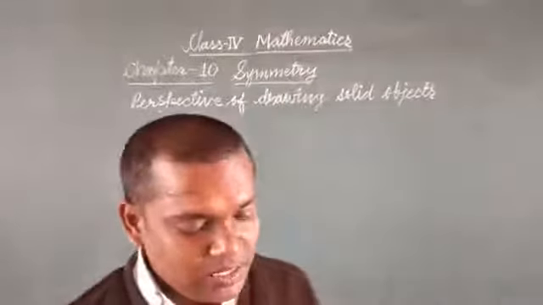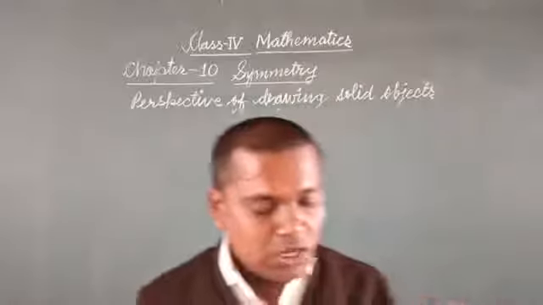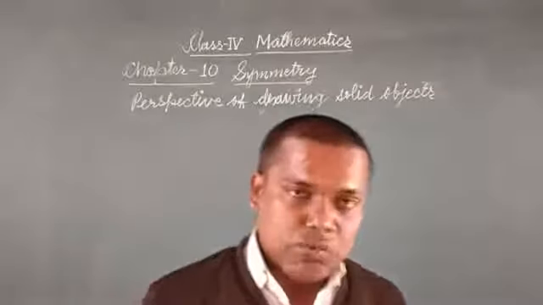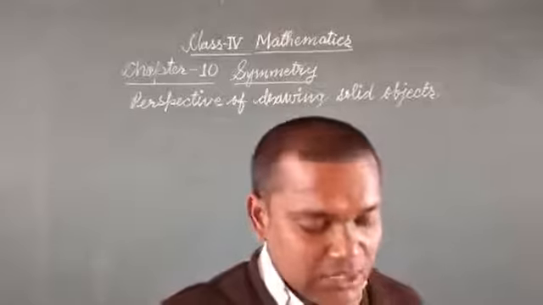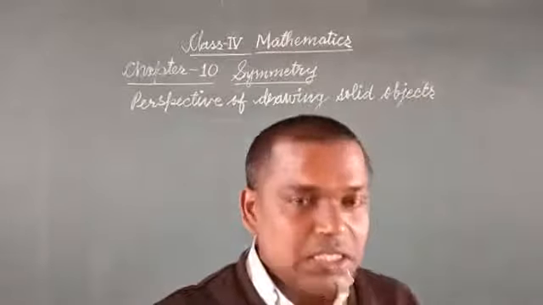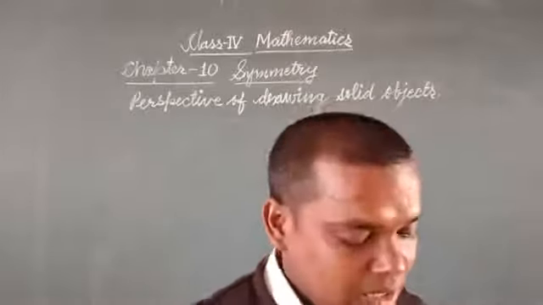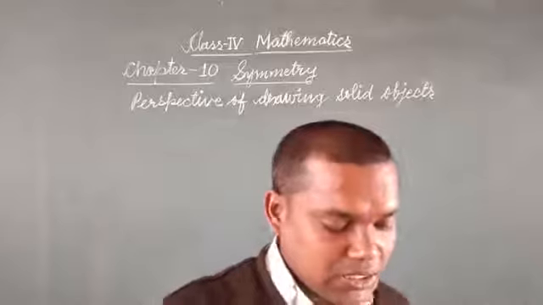Okay. When we consider solid objects such as cubes, cuboids, cylinders, cones, spheres, etc., these are called 3D objects or three-dimensional objects.